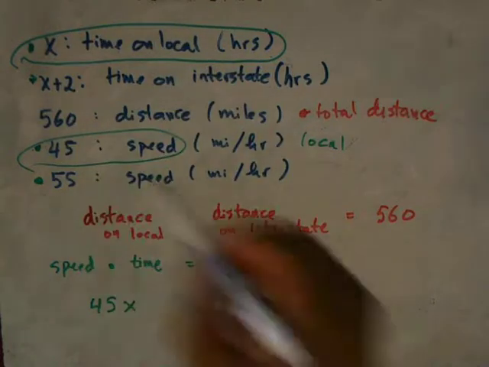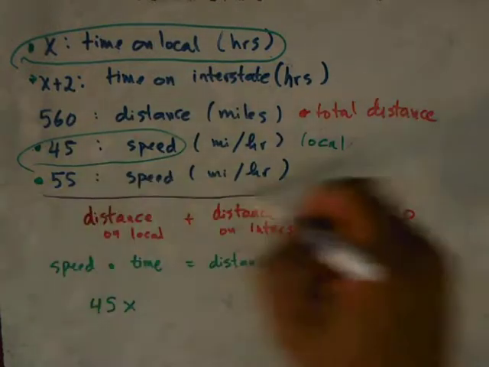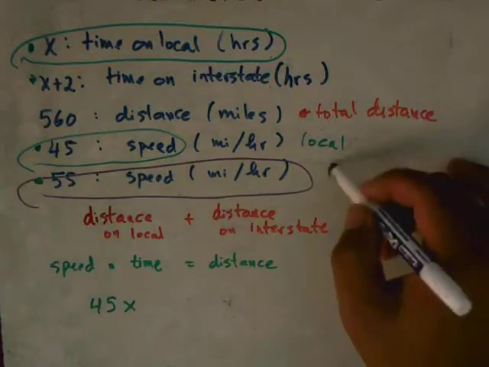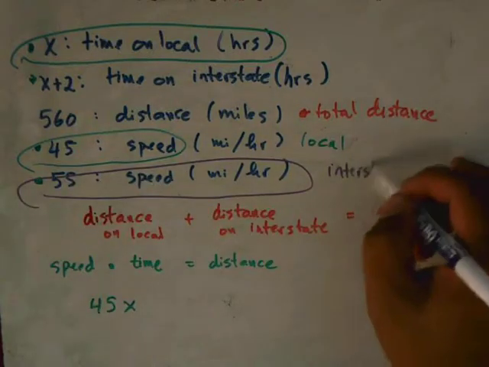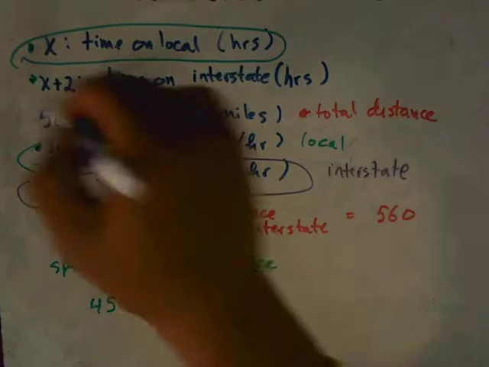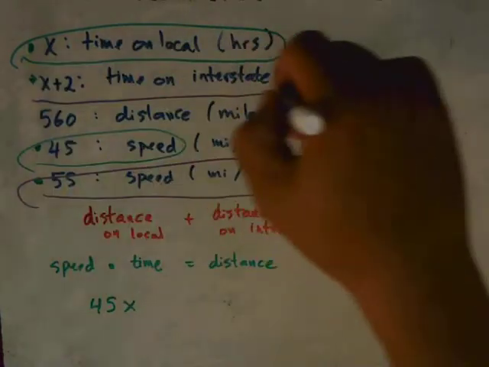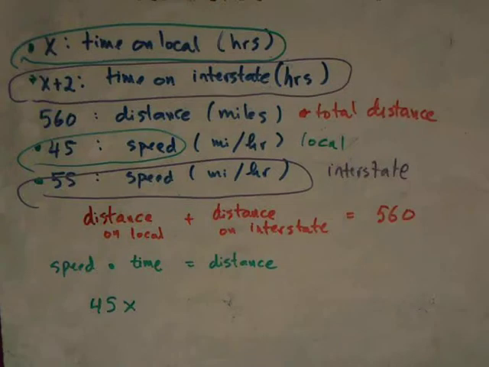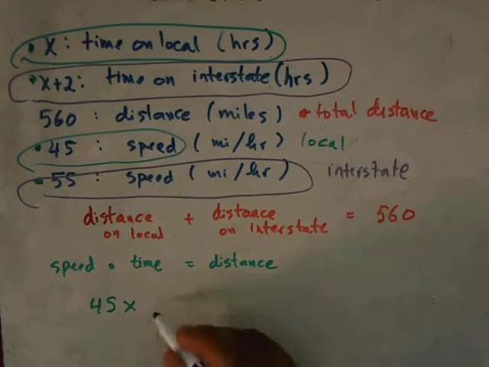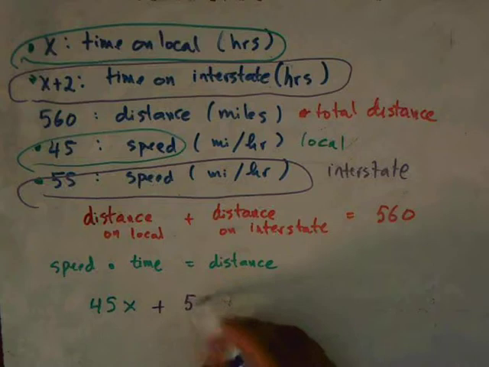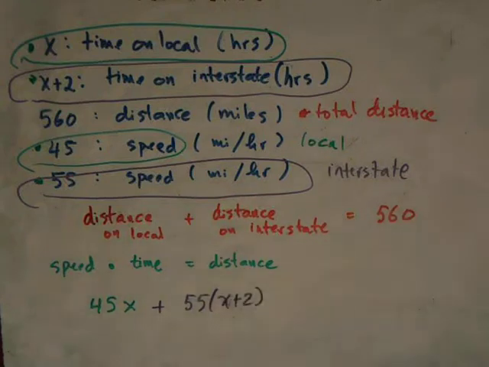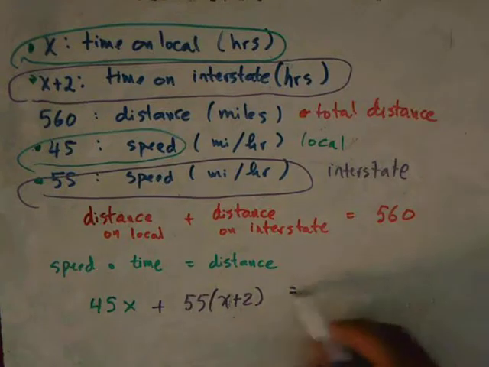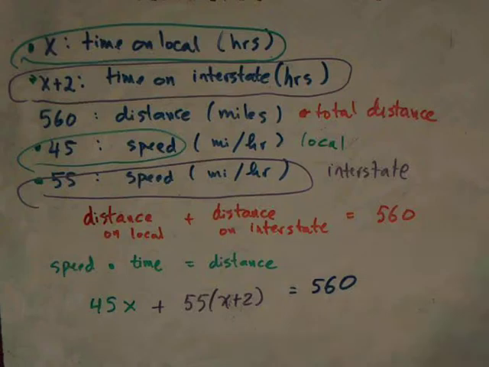And then we also know that the speed on the interstate times the time on the interstate will give me the distance on the interstate. So plus 55 times (x plus 2), and that's going to be equal to our total distance, which is 560.